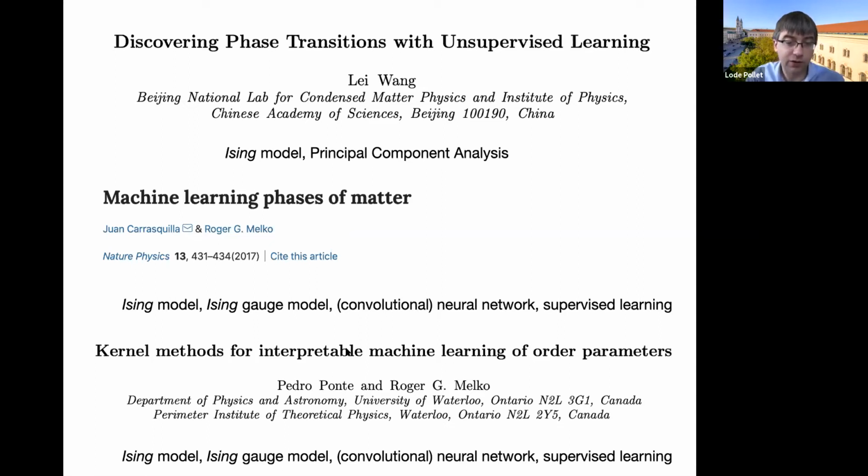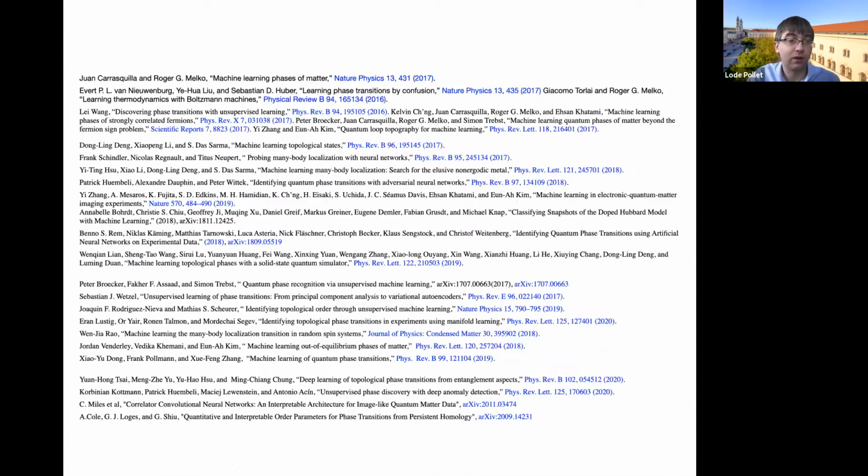Of importance for us is a paper by Ponte and Melko on kernel methods for interpretable machine learning of phases. This paper in particular is the starting point for what we have done. Here it was also applied to the Ising model and Ising gauge model, and it also used CNNs and supervised learning.